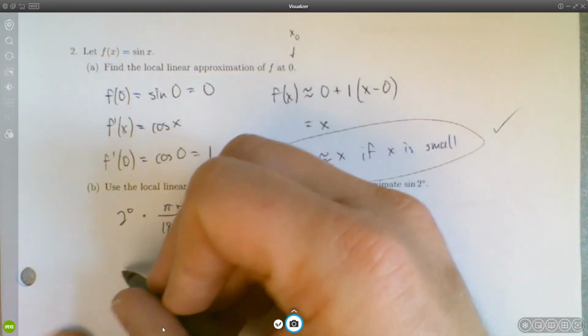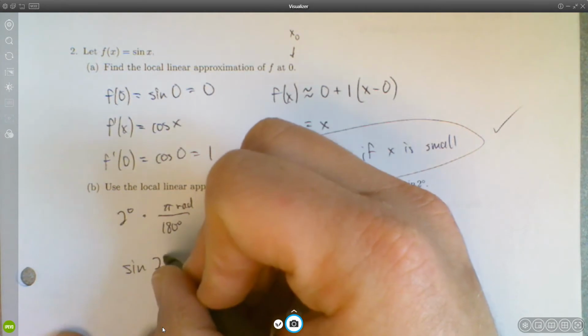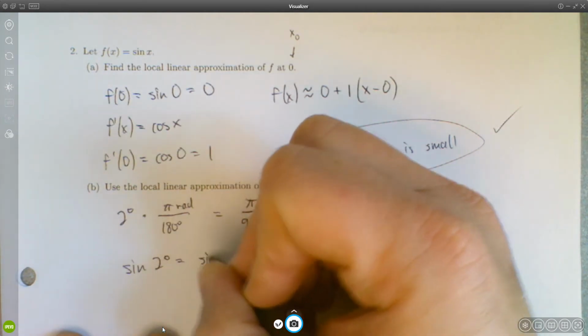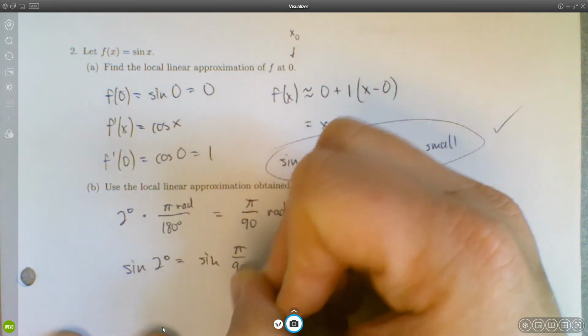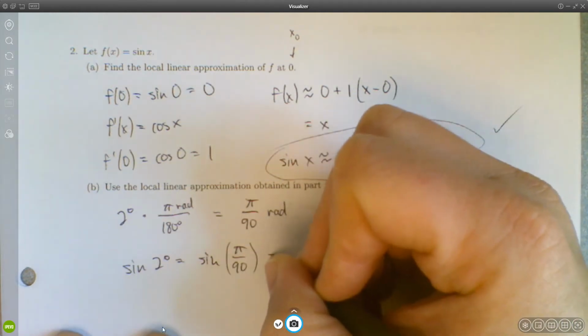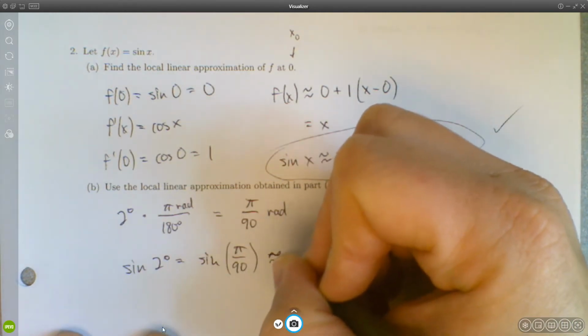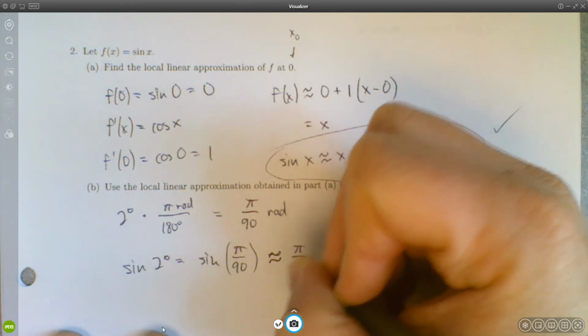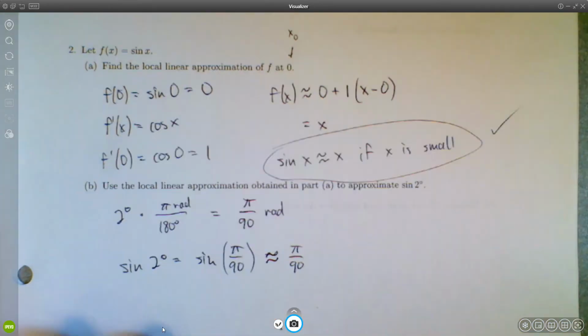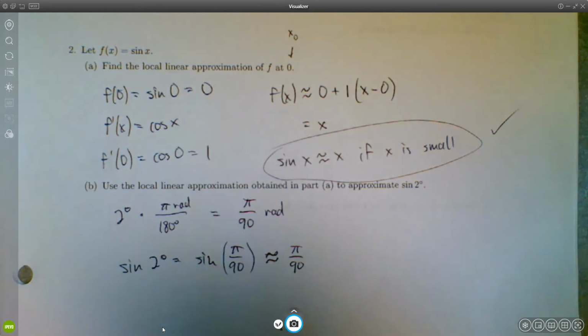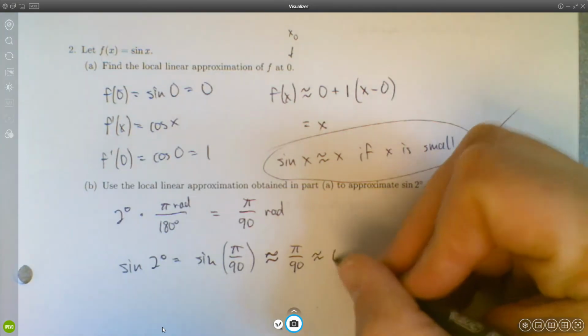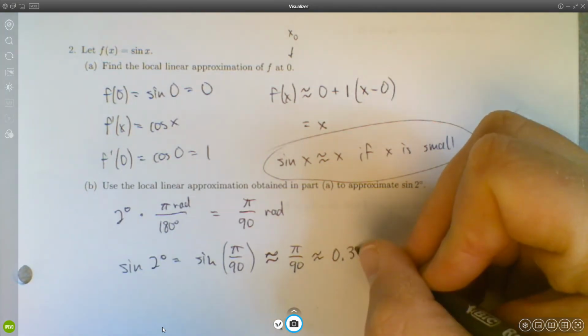So sine of 2 degrees equals sine of pi over 90, and that's approximately just pi over 90, because that's a really small number. And pi over 90 is about 0.035.